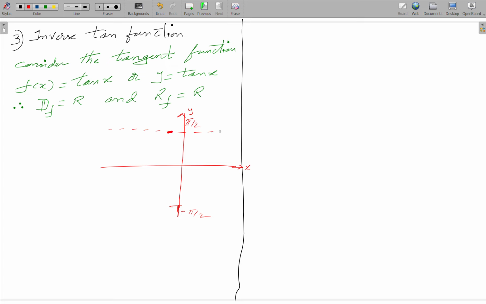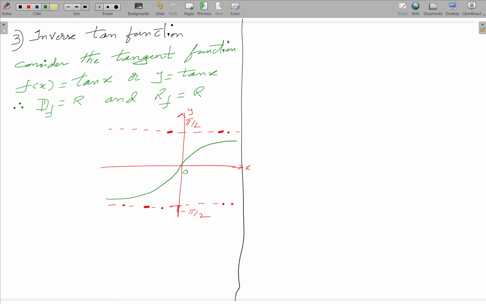Now draw parallel lines along the x-axis at both pi by 2 and minus pi by 2. Then the tan values lie in between the given two trigonometrical angles.